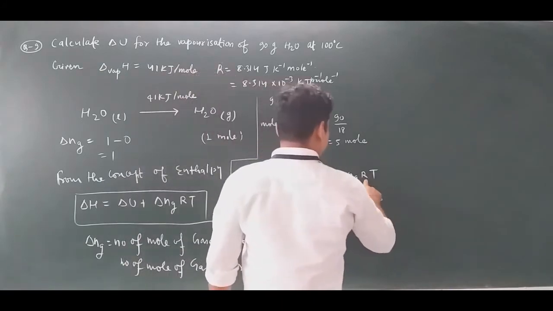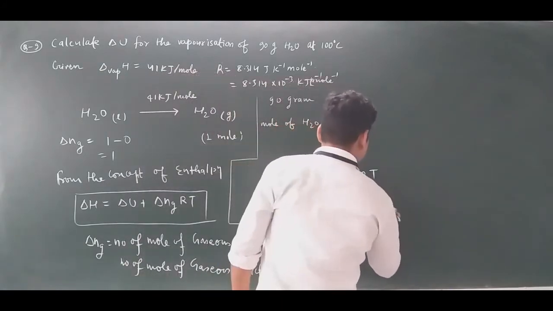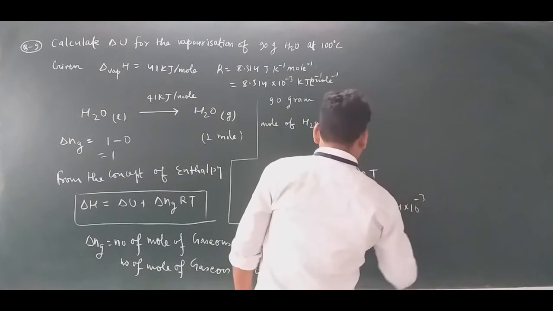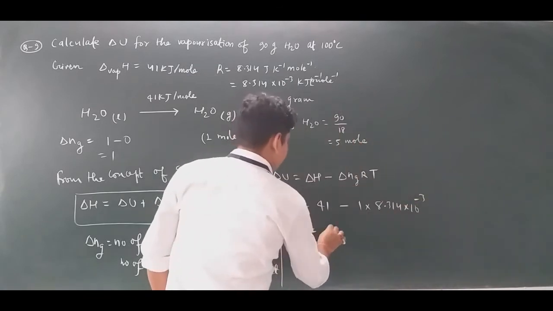So if you want to write R, what can we write? 8.314 into 10 to the power minus 3. So what will we get?